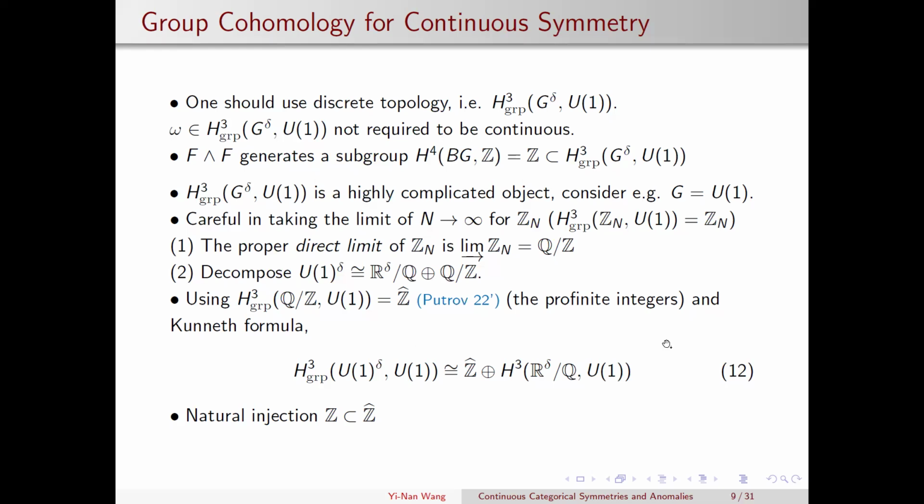Also using Kuhn's formula, we know that this very highly complicated object H3(U1 delta, U1) is roughly speaking equal to the profinite integers plus a very complicated thing that I don't want to comment on here. However, we still have a natural injection of this FHF part, a Z injection into the profinite integers Z hat, and this is a perfect injection.